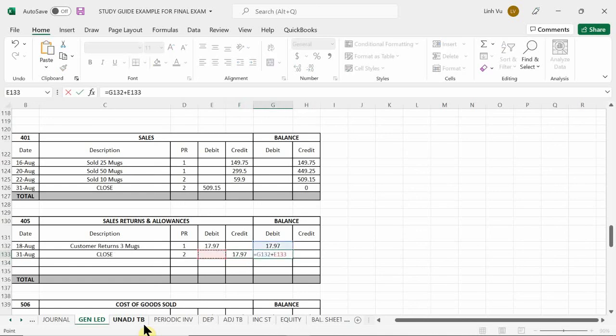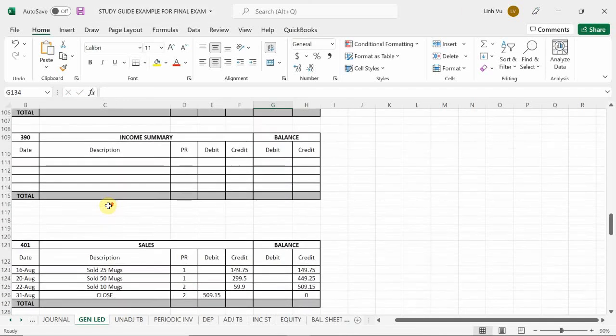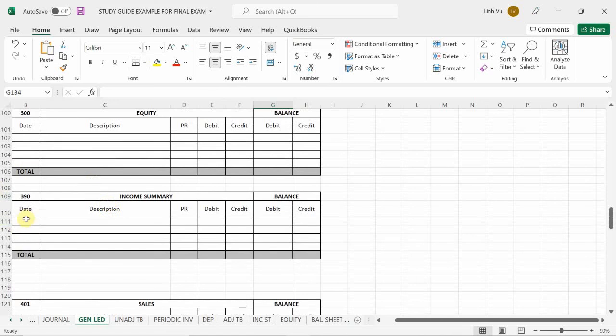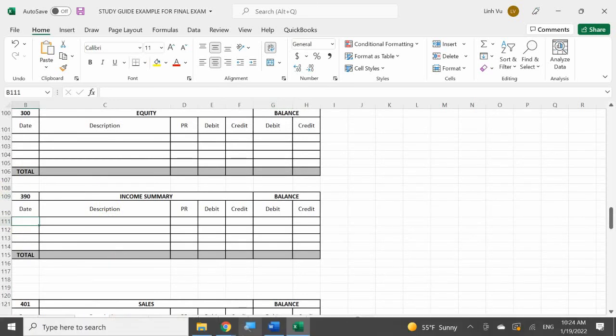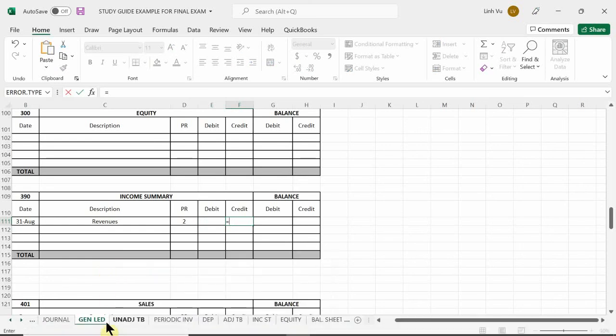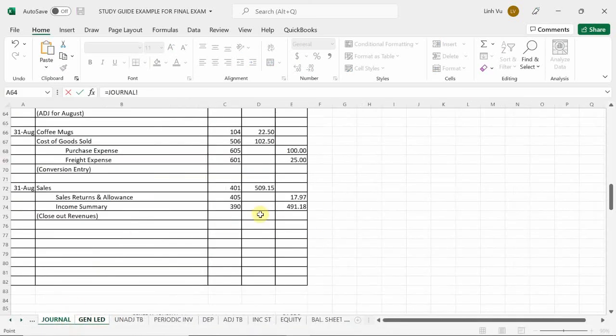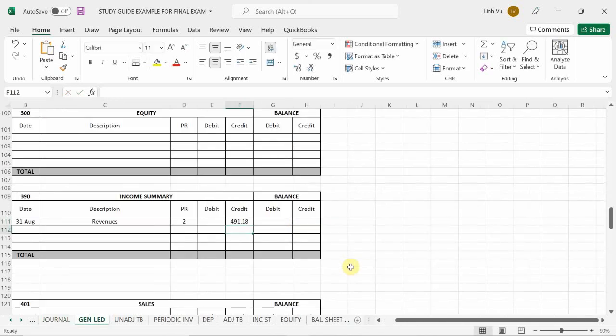So therefore, count is 0. And we're going to bring it up to the income summary. For a credit of $491.18. Okay.